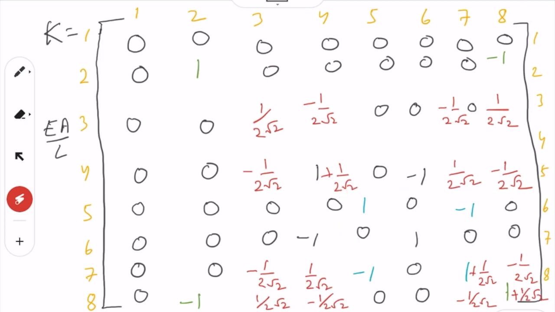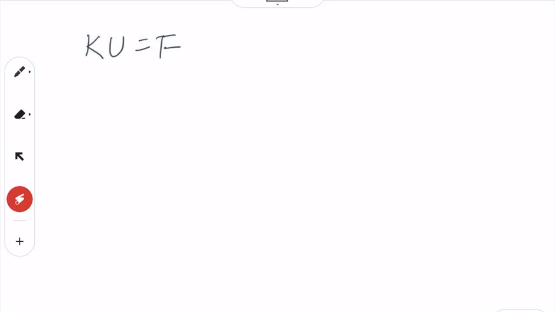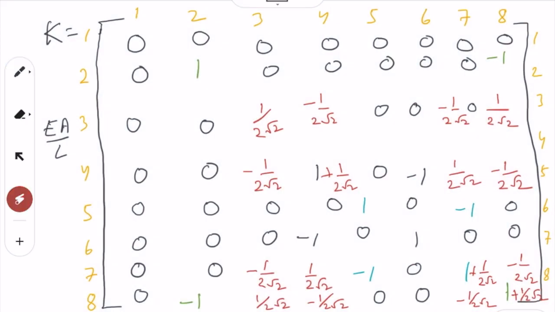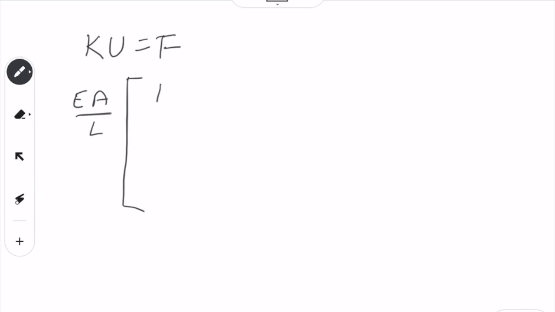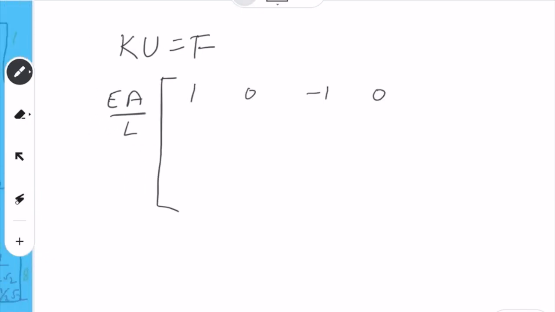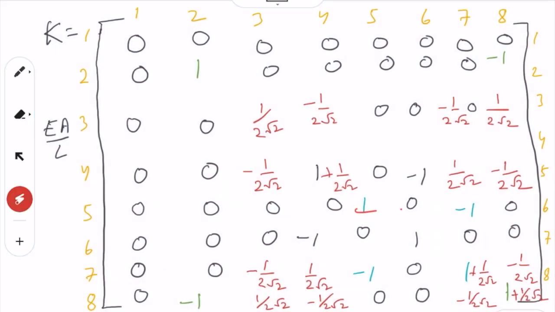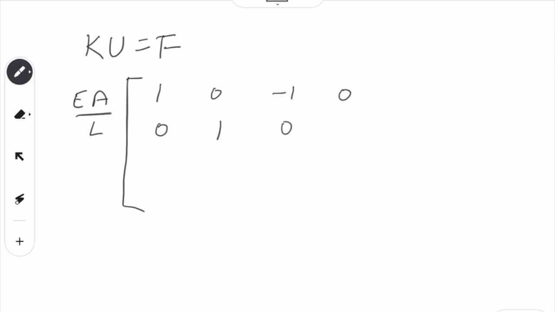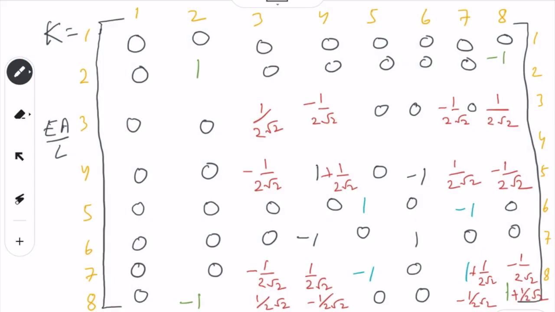Okay. So, let us write it. We are going to write EA over L, and we have 1 0 minus 1 0, then 0 1 0 0, then minus 1 0, 1 plus 1 over 2 root 2, minus 1 over 2 root 2.